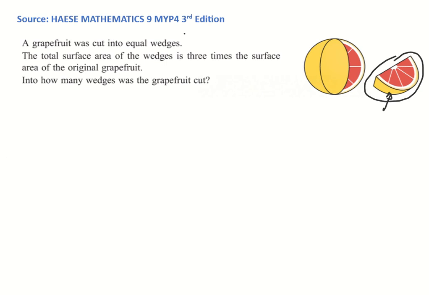So let's assign the variable w to represent the number of wedges. And that's what we're looking for. Okay, it says into how many wedges was the grapefruit cut.